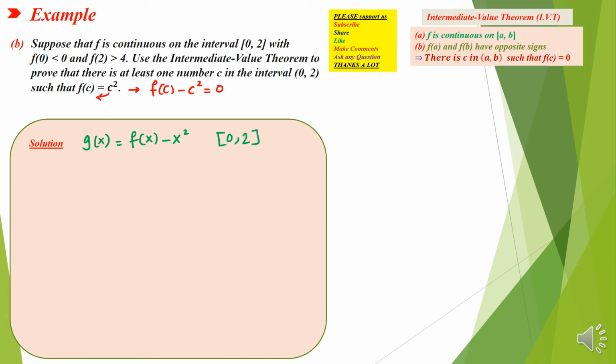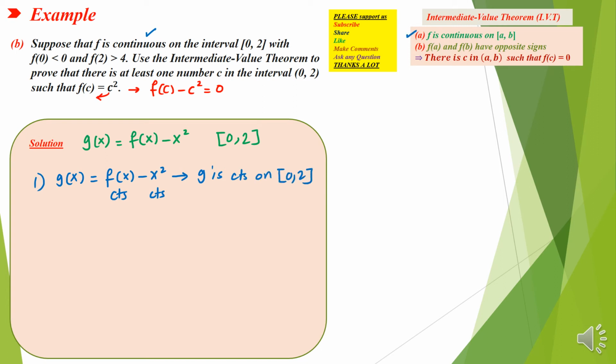Now you have to check the conditions of I.V.T., and the first condition is the continuity. Since g of x equals f of x minus x squared, and f of x is continuous, and x squared is a polynomial, which means it's continuous everywhere, and since g of x is the difference between two continuous functions, this means g is continuous on the closed interval from 0 to 2.